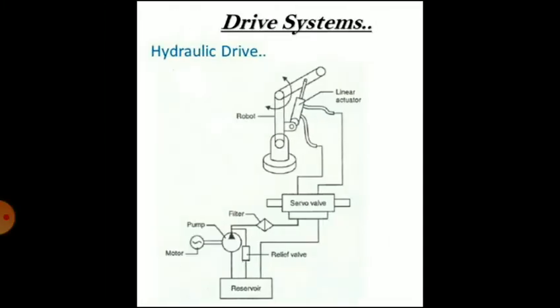Another example, the same one, but the whole system is shown here. So you can see the reservoir, then the hydraulic pump, and that pressure is utilized to actuate the linear actuator, and with the help of the linear actuator we can move the robot arm.